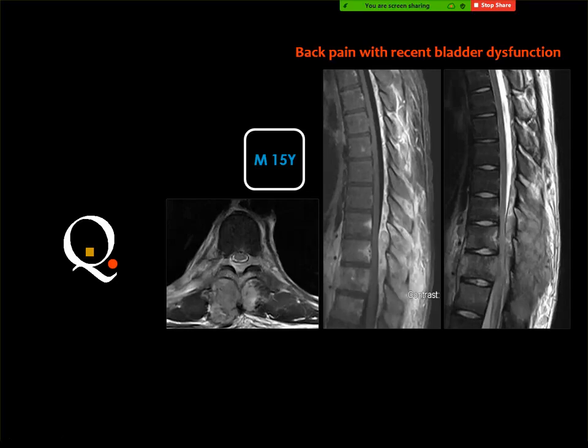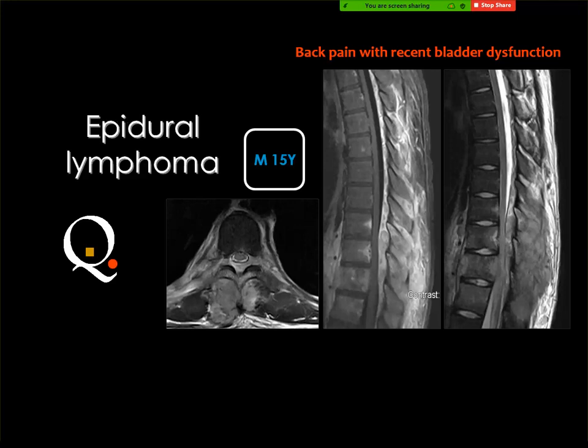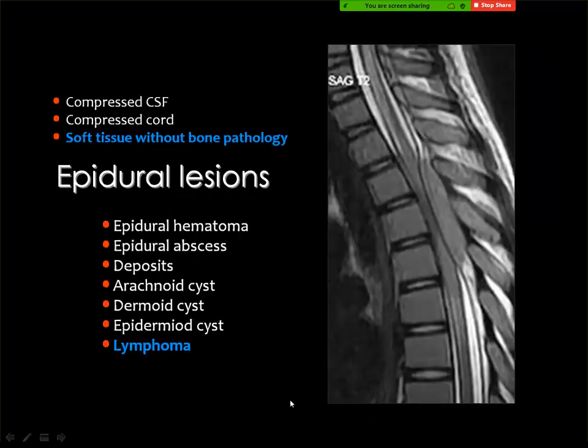Lymphoma. Okay, this is a good possibility because of the age of the patient. If you see a destructive lesion in the neural elements associated with an epidural soft tissue component in an old patient, then you think of metastasis. But in a pediatric age patient, you think of lymphoma, and this is good. Actually, the best location for lymphoma is in the epidural space.